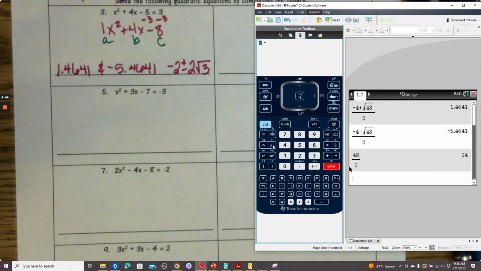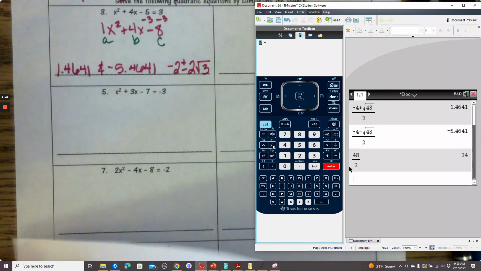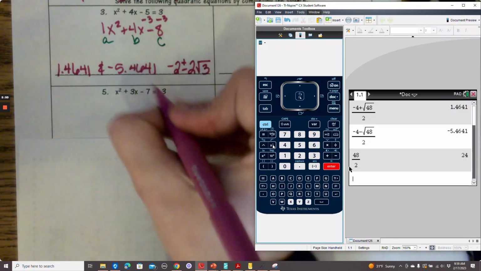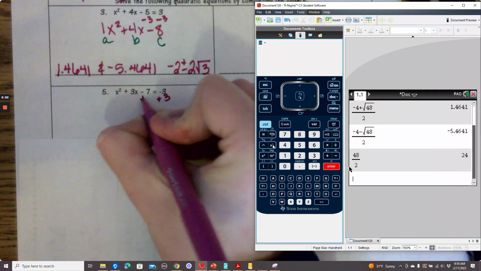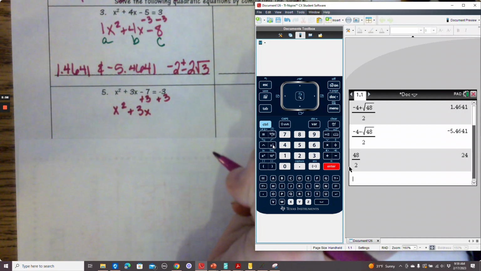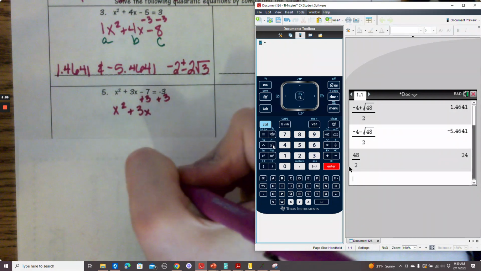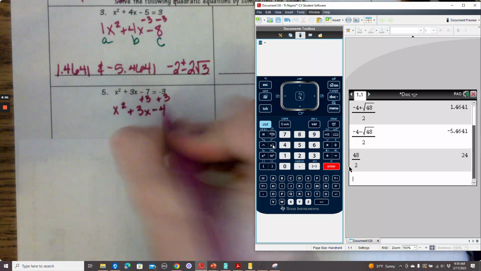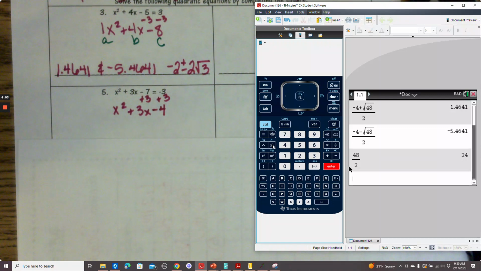All right, number 5. I'm wondering if we can complete the square on that one. So let's add this 3 to both sides, which would give me x squared plus 3x, and then negative 7 plus 3 would give me negative 4.